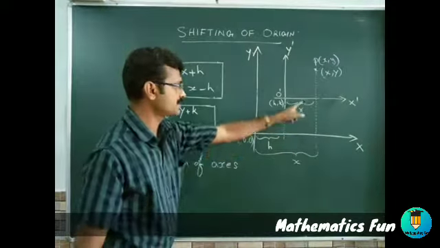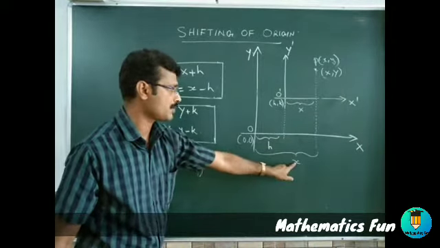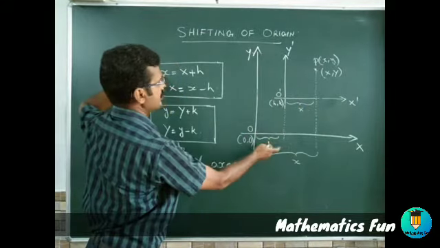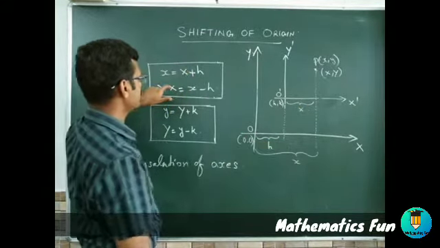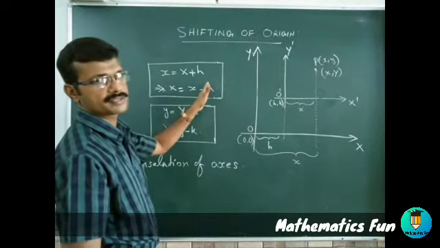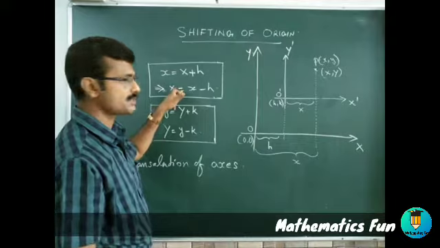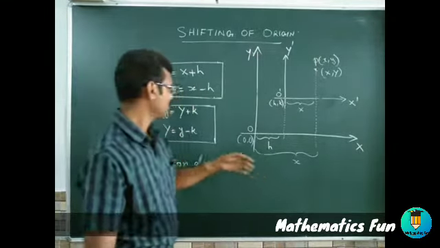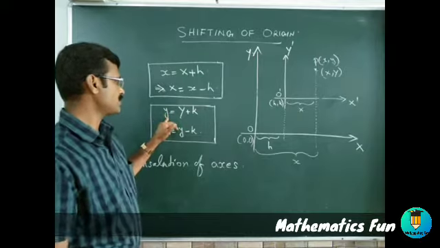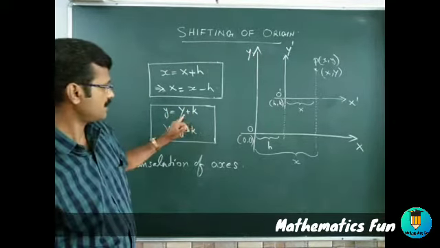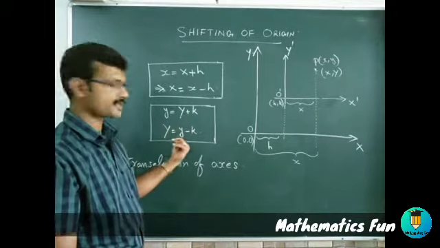So with the help of these three, we can say that small x is equal to capital X plus h. So from that, capital X is equal to small x minus h. This you have to memorize. And if you do the same thing for the y coordinates, it will come small y is equal to capital Y plus k, and naturally capital Y is equal to small y minus k.